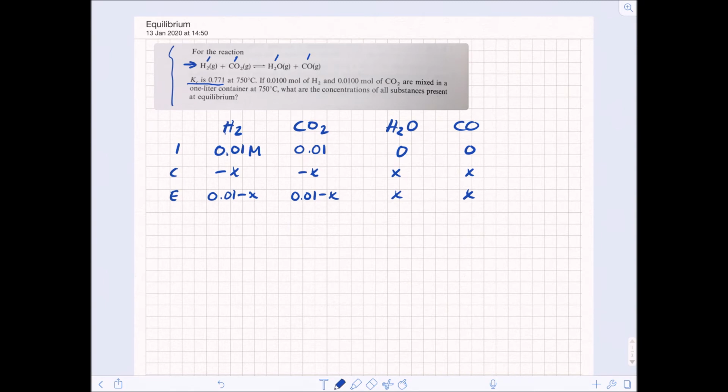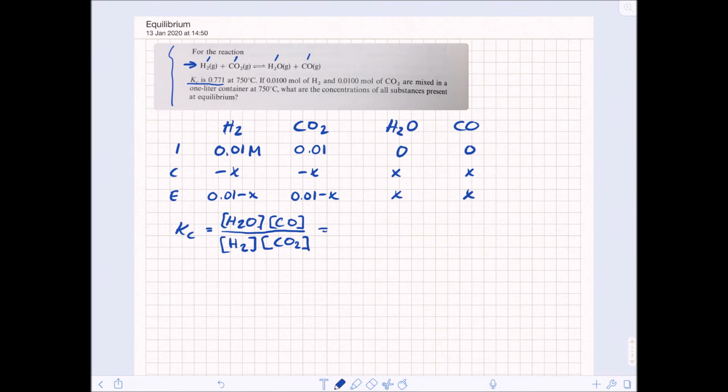So let's look at the expression for the equilibrium constant, Kc. As you probably know, this is defined as the concentration of the products, and the products are water and carbon monoxide, the product of these two, over the product of reactants, which are hydrogen gas and carbon dioxide, like this.